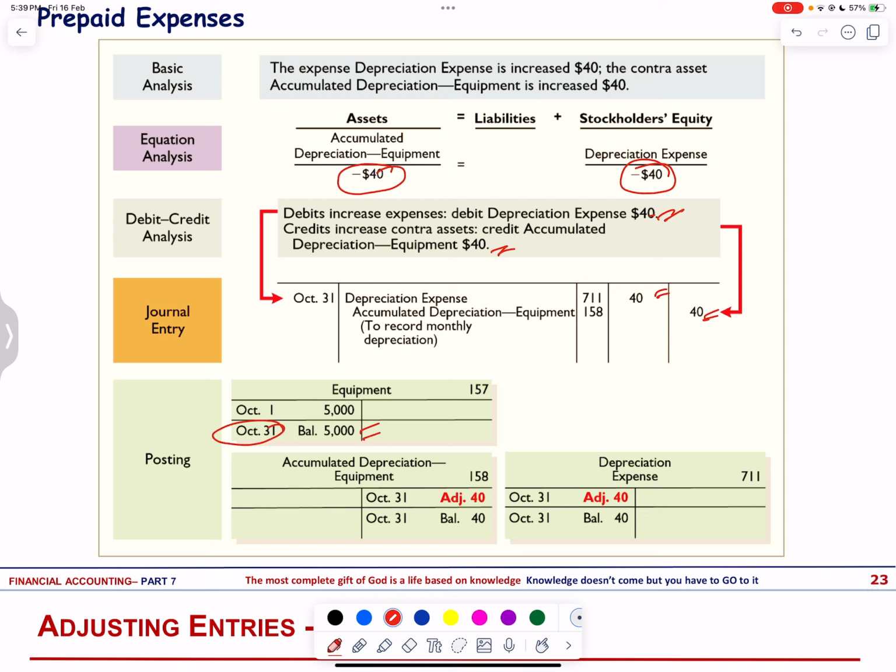Why? Because for fixed assets or long-term assets, we are going to have a contra entry by the title accumulated depreciation equipment, and obviously you can see that accumulated depreciation is credited by 40 and there is an increase of depreciation expense by 40.